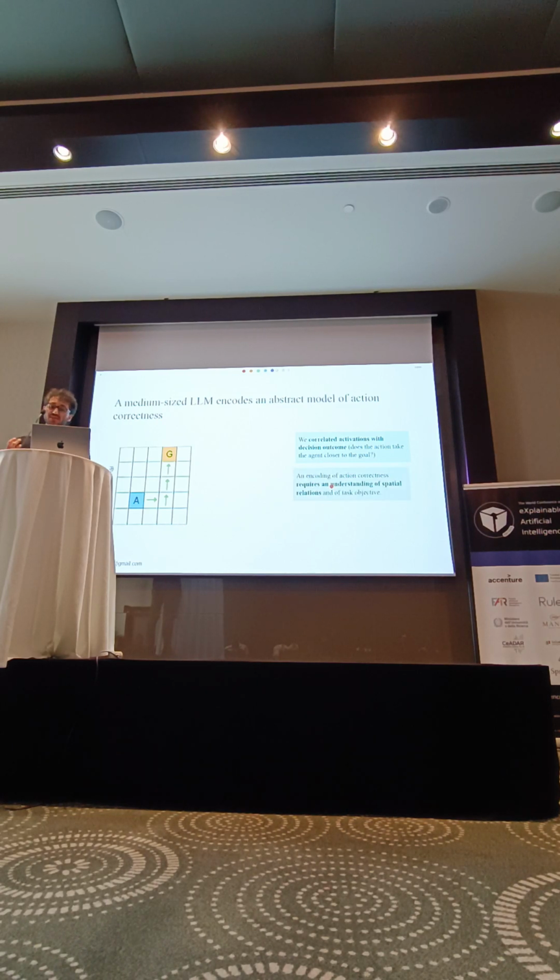And our thinking was that an encoding of action correctness requires an understanding of spatial relations in space, for example, the relationship between the agent's position and the goal position, and maybe of task objective. And we indeed find again that abstract units encoding this for all representation types exist way above chance levels, as you can see here, and again are localized in intermediate and deep layers.